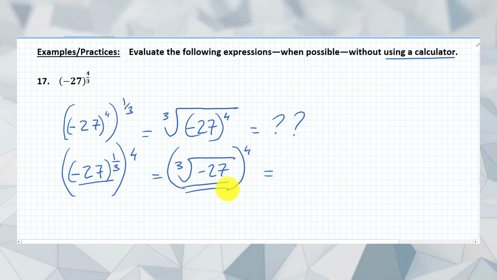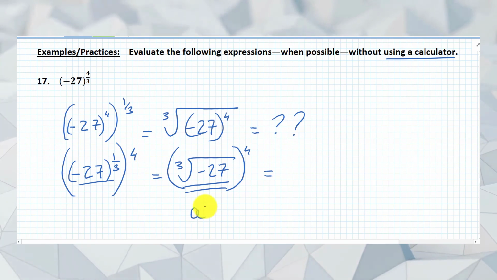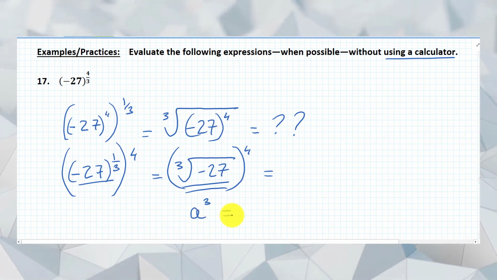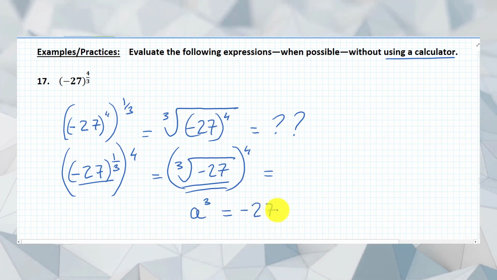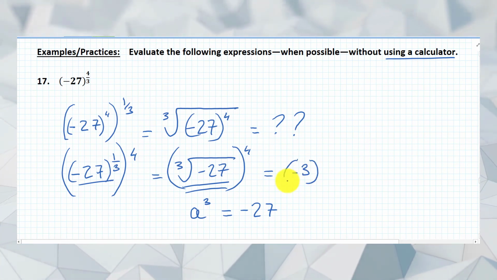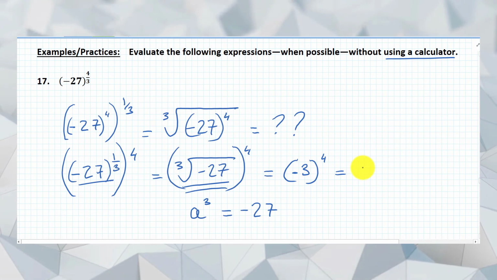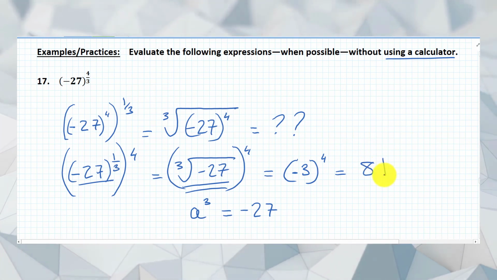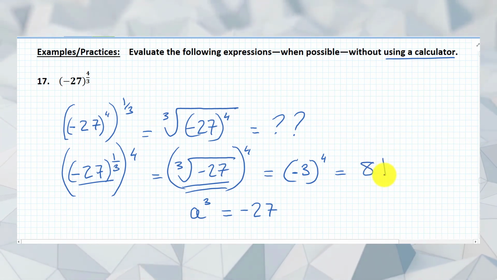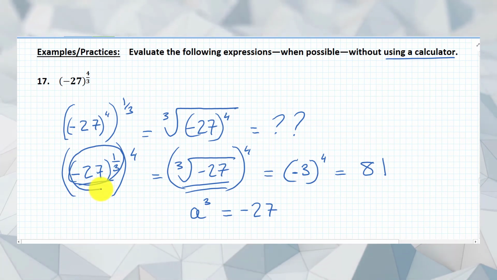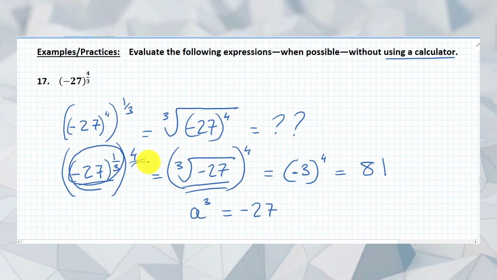Now, the cube root of negative 27, I do know this one, right? What number raised to the power of 3 gives you negative 27? Well, that's just negative 3. And negative 3 to the fourth is negative 3 times negative 3 times negative 3 times negative 3, which is 81. So it was easier to first do the root and then raise to the power, okay?